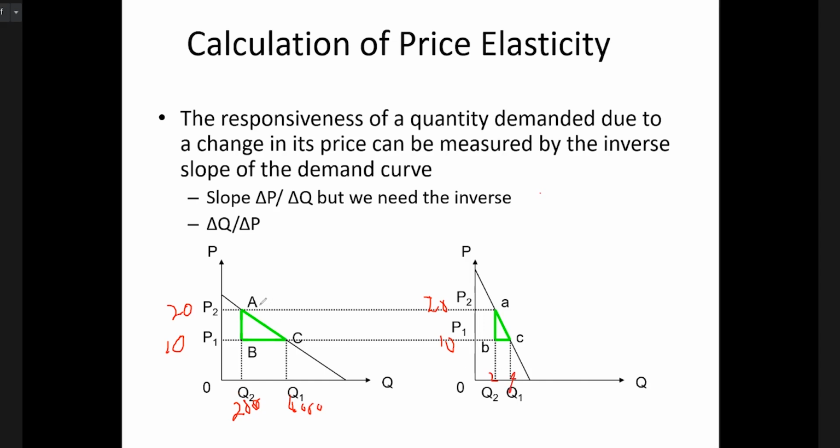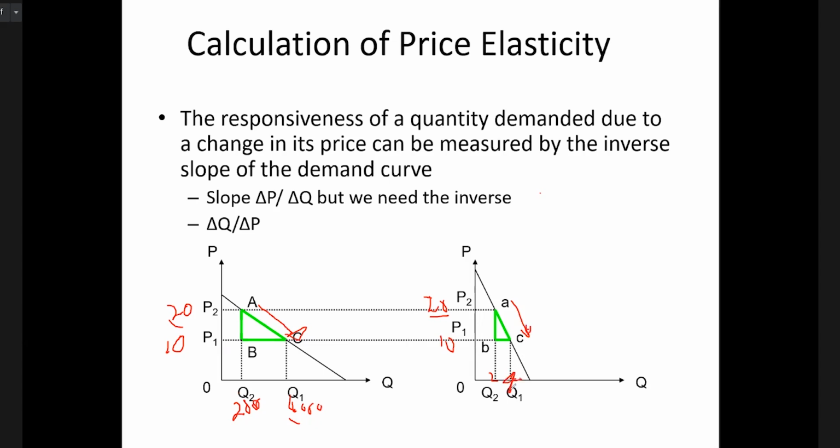Let's assume we are moving from capital A to capital C. So the original price is 20, the original quantity is 4000. And here we have 20 as the original price, moving from simple a to c. Then the initial quantity is 4.